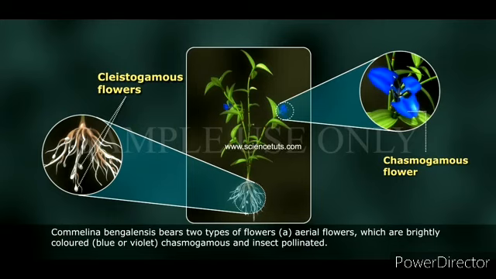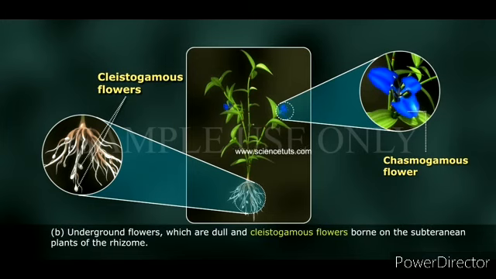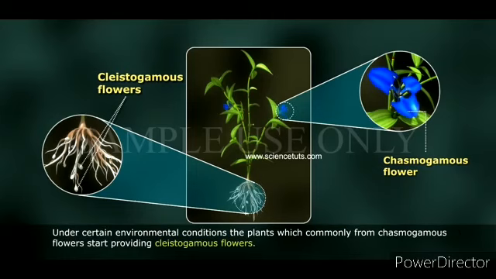A. Aerial flowers, which are brightly colored, blue or violet, chasmogamous, and insect pollinated. B. Underground flowers, which are dull and cleistogamous flowers borne on the subterranean parts of the rhizome. Under certain environmental conditions, the plants which commonly form chasmogamous flowers start producing cleistogamous flowers.